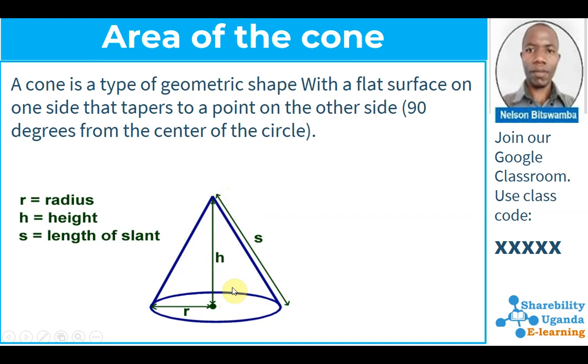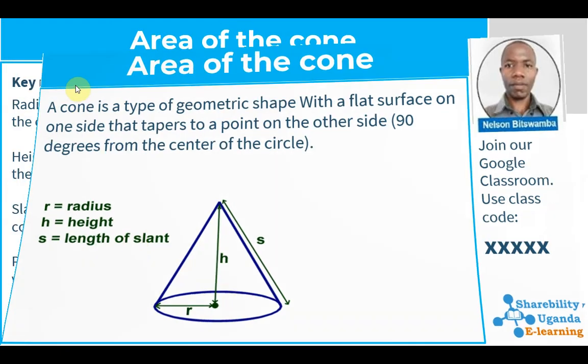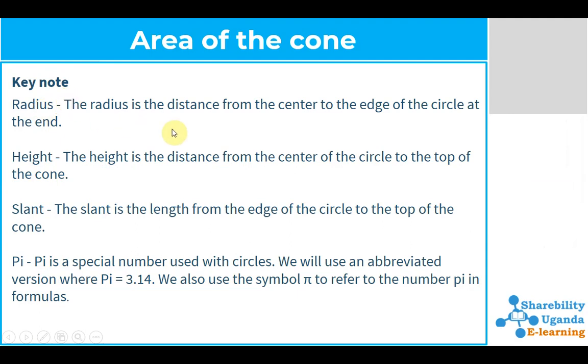We should take note of the radius, which is the distance from the center to the edge of the circle at the end. I should also understand its height, which is the distance from the center of the circle to the top of the cone.